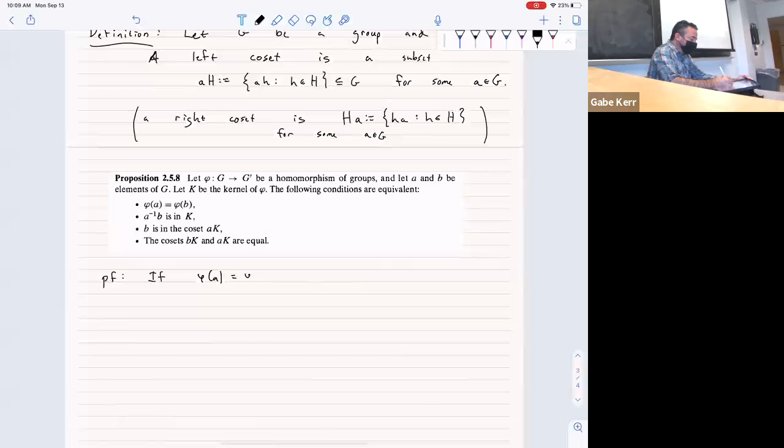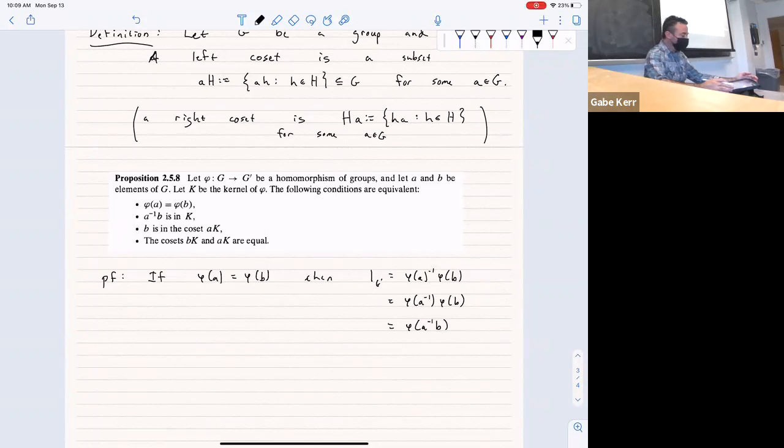Let's say phi of A equals phi of B. Then one thing we can do is multiply both sides on the left with phi of A inverse. We get 1 in G prime equals phi of A inverse times phi of B. Now we can take inverses, from the last lemma that we had. Now we have the defining property that this is phi of A inverse B, since phi respects products.